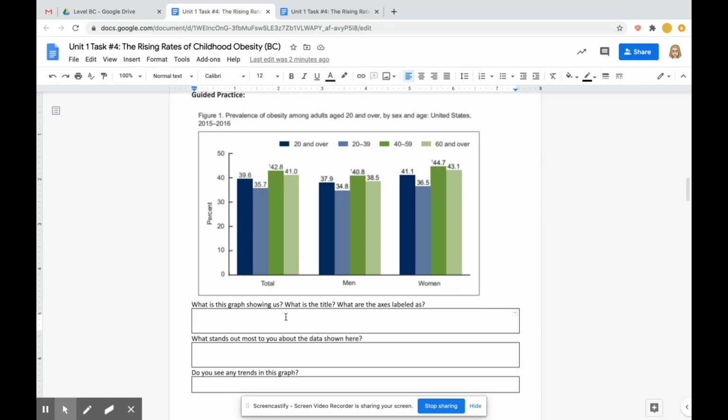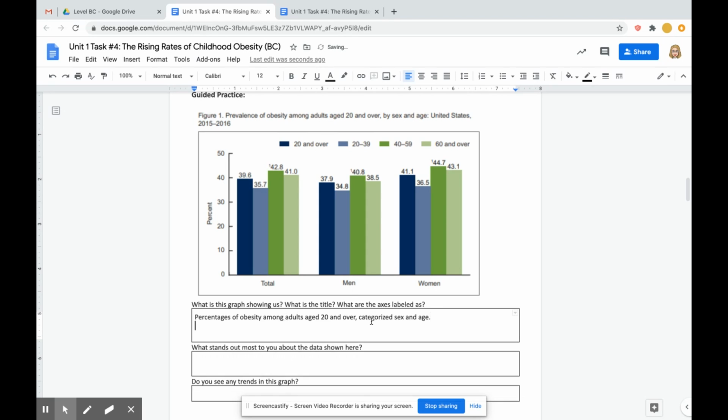So we know that this graph is showing us different percentages of obesity among adults, specifically age 20 and over. And they're categorized or put in groups based on sex, so whether they're male or female, and their age.